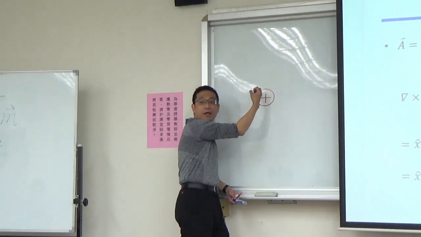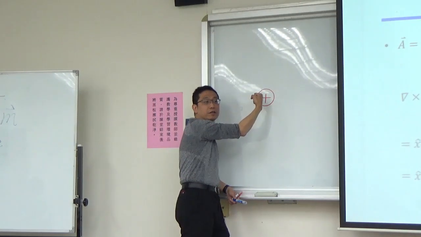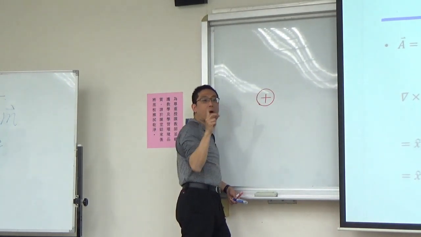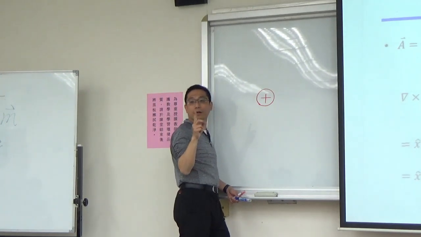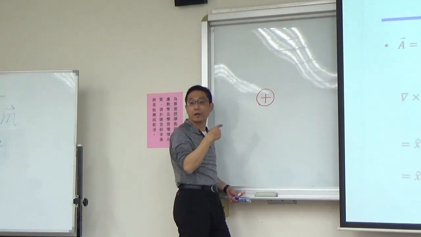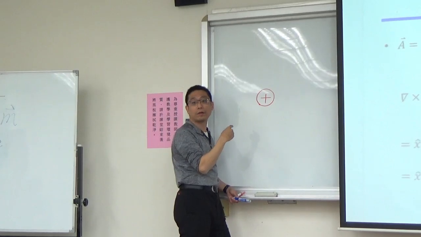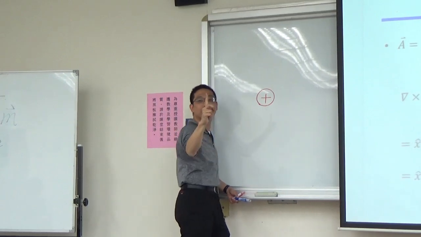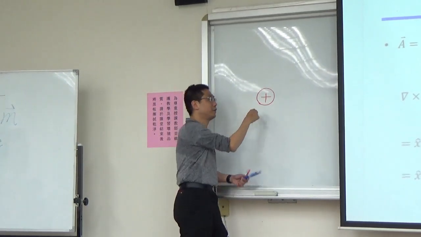If I have an electrical charge here, it has one coulomb. How do you pronounce it, coulomb? Is that correct? Coulomb, okay. The Q is 1 coulomb here.